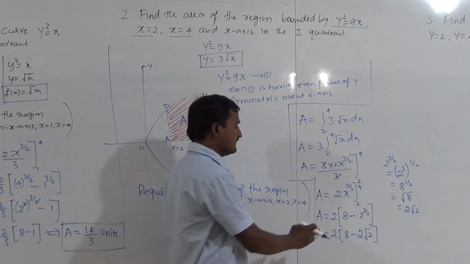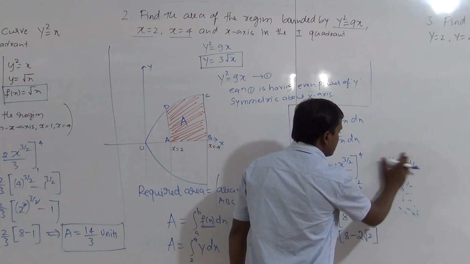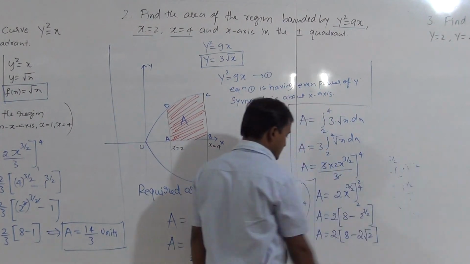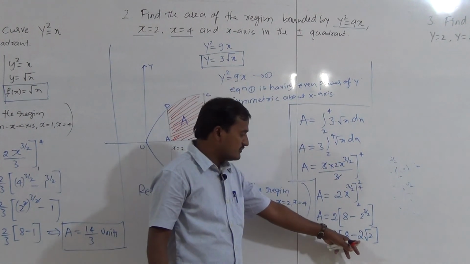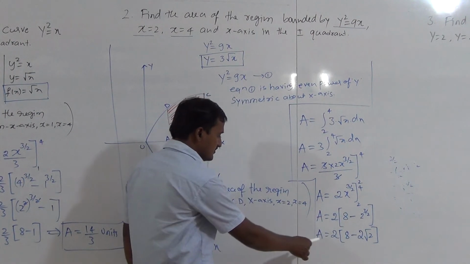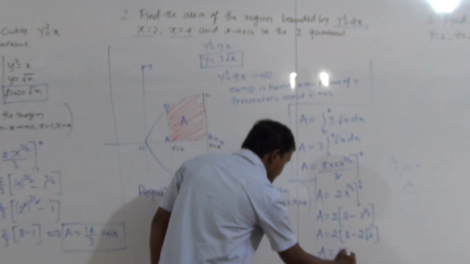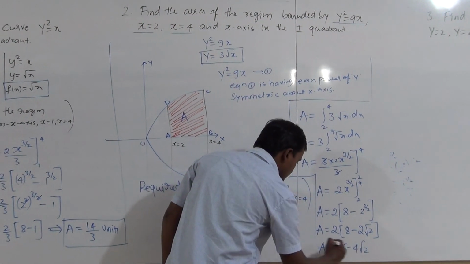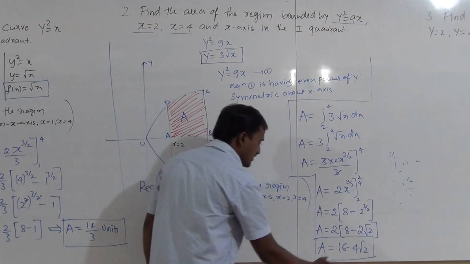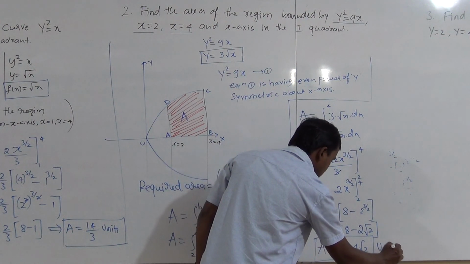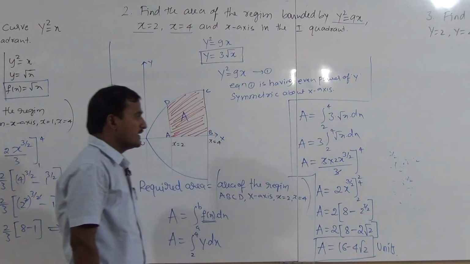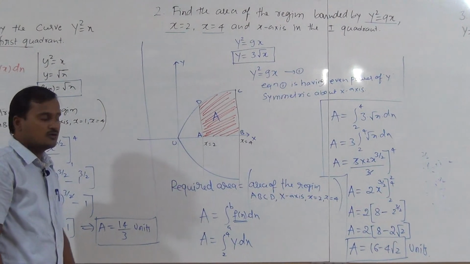So after substituting all these, I got 2 into 8 minus 2 root 2. Just multiply this 2 to this one. Therefore the required area is equal to 16 minus 4 root 2. So this is the required answer: A is equal to 16 minus 4 root 2 units.